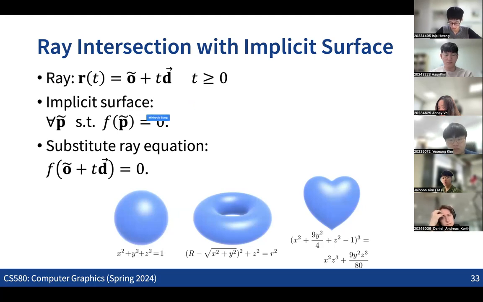You see, there are multiple ways to have an implicit representation. But for example, we can represent this sphere as an implicit function. When you calculate this, if this number is greater than 1, that means the point is outside of the sphere. If it is less than 1, the point is inside of the sphere.